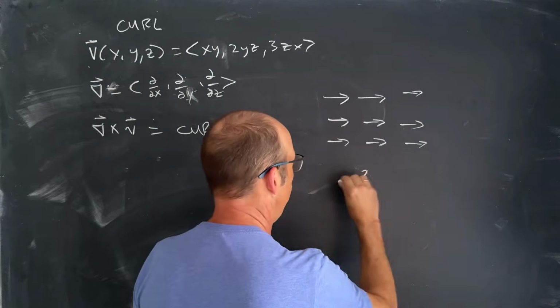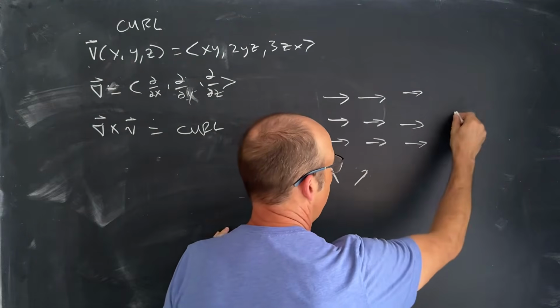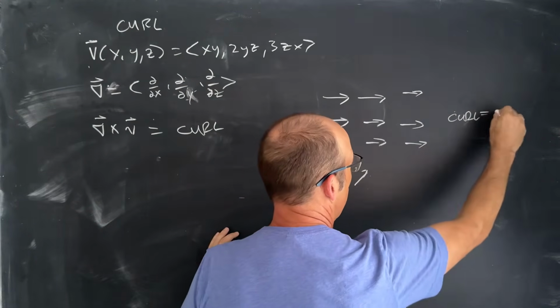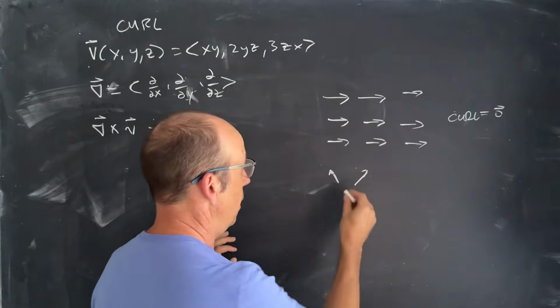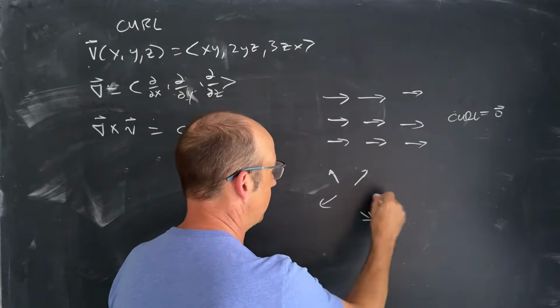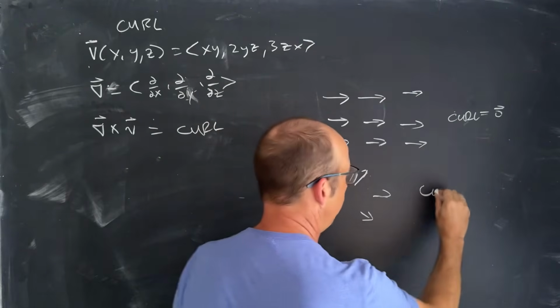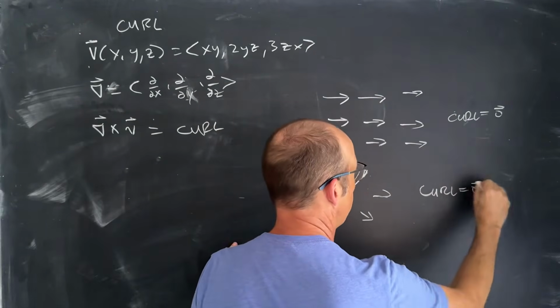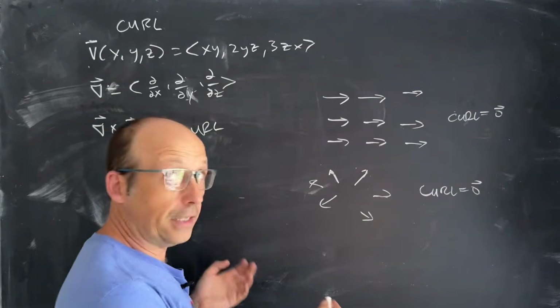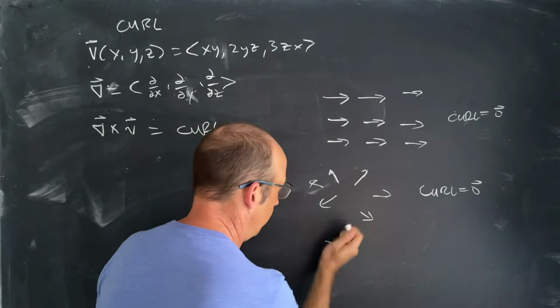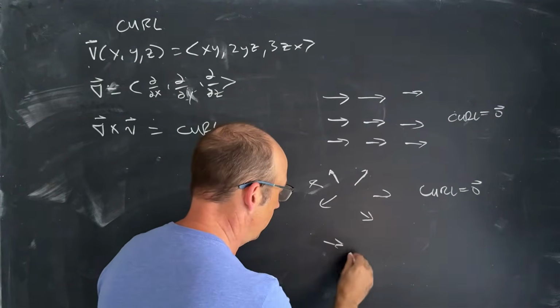If I have a vector field that looks like this, so this is curl equals 0. I have a vector field like this that has a positive divergence, but it's not wrapping around. This is also curl equals 0. So a non-zero curl would be one like, I drew it as a circle.